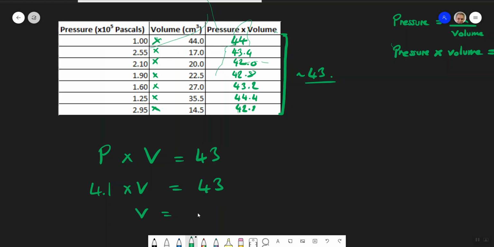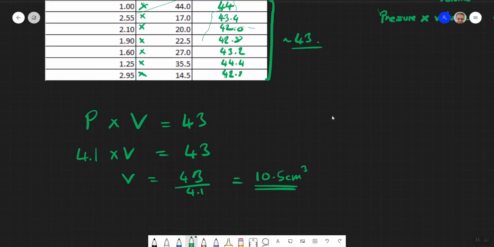So we'd end up with a volume of 43 over 4.1, and we end up with about 10.5 centimeters cubed. So what it allows us to do is to make this prediction. Okay, but there is an assumption. The assumption is, remember, that we've not changed the temperature and we've not allowed any gas into or out of our little tube.